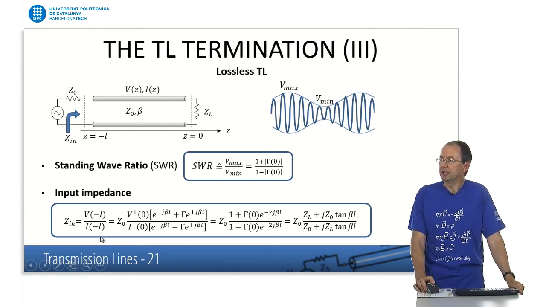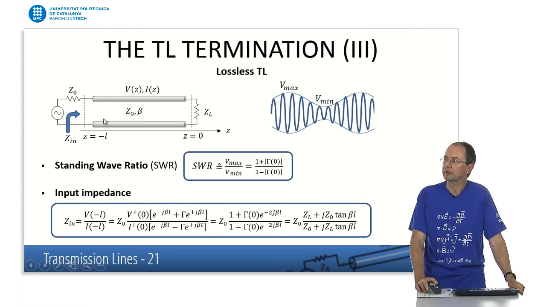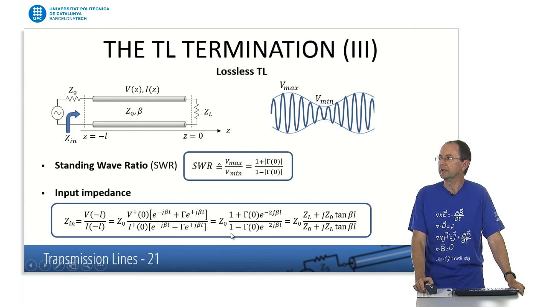The input impedance, which is also another interesting parameter, can be calculated quite easily if we know what this load is and the reflection coefficient. So what we have to do here is calculate the reflection coefficient at the input, and using the same expressions as before, we can translate this reflection coefficient into impedance, and this is the input impedance at the beginning of the line.